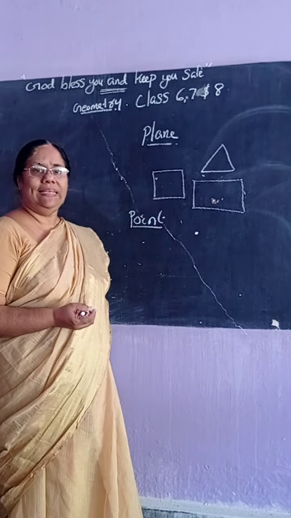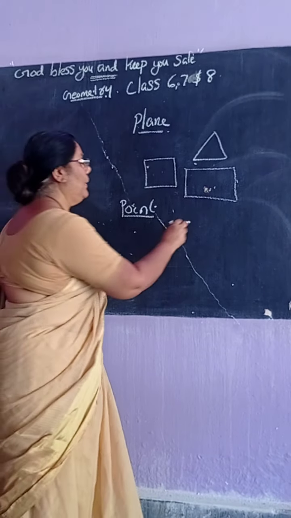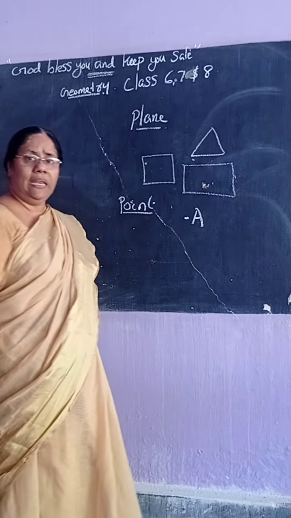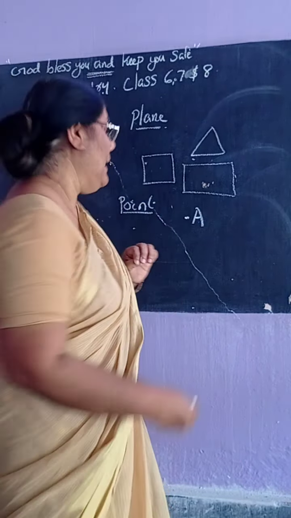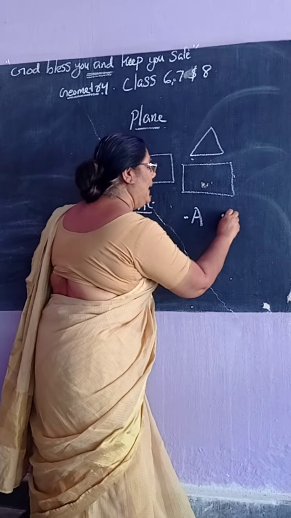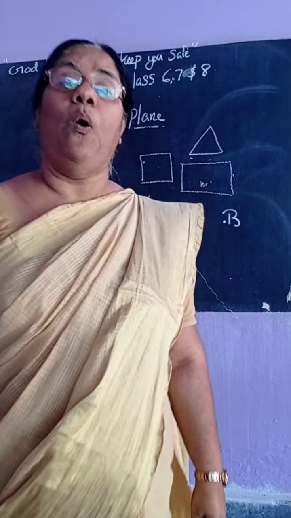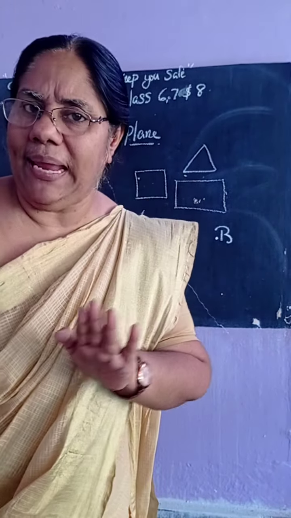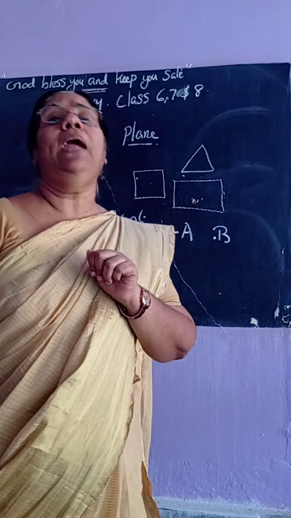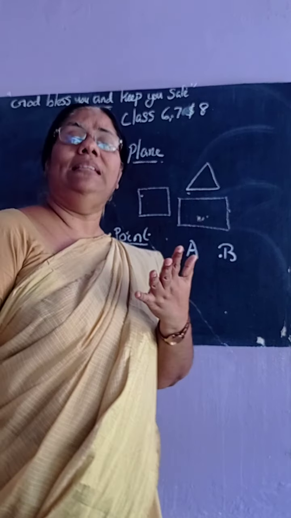This represents a point, and after putting this dot, you can write this A. What's the meaning? This is point A. Understand? Or if you mark here and write this B, that means that is the point B. Understand? The first term is a plane. The second term is a point.